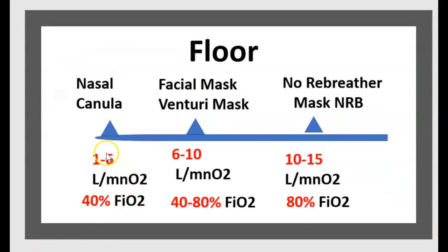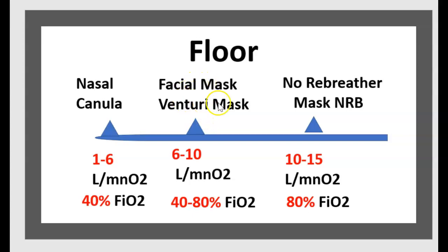On the floor, you can use nasal cannula, facial mask, venturi mask, and non-rebreather mask, NRB. Nasal cannula is 1 to 6 liters per minute of oxygen.